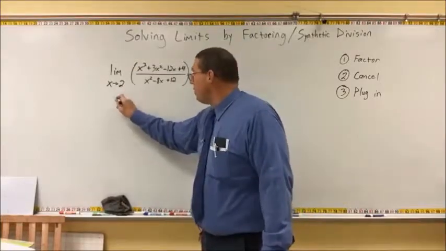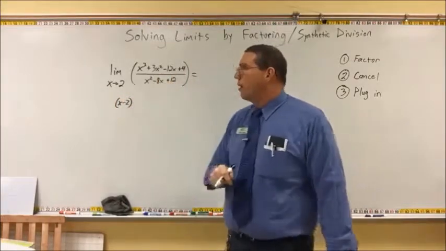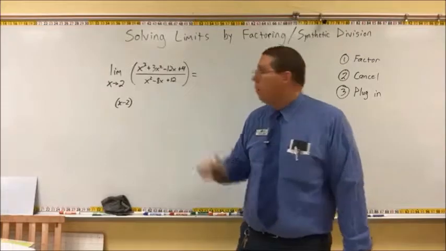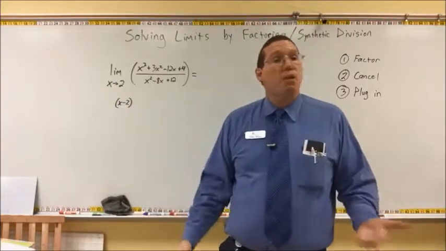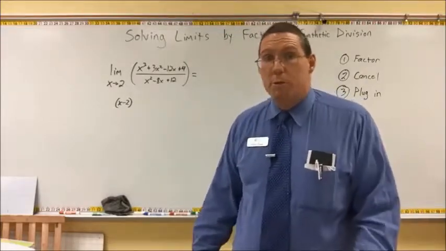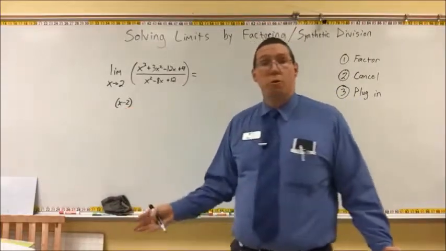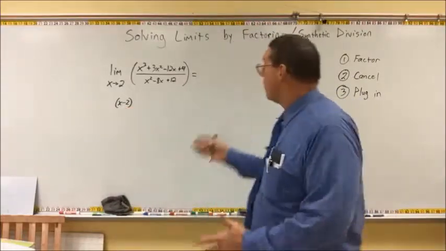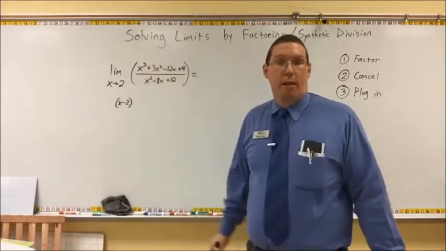It must be the factor x minus 2 that is causing the numerator and the denominator to equal 0, because 2 minus 2 equals 0. So all we have to do is use some kind of polynomial division to divide out x minus 2, and then they'll be factored out, and then we can cancel the x minus 2's.